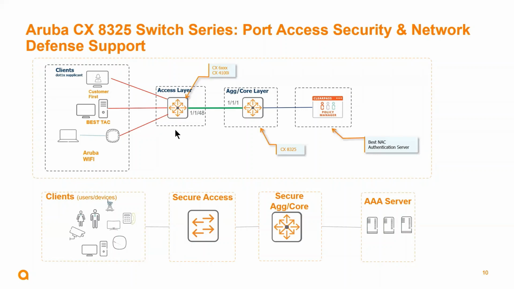Once they are authenticated by the access switch, the traffic will pass from the access switches to the aggregation core switches. So we have multiple access switches connected to the core switch. We can make sure only the authenticated access switches can connect to the aggregation and core switch. That can be possible only if security is enabled in the access or aggregation layers. So with the support of security in 8325, that is possible now. So let's see what are the security features and network defense features that are supported in 8325.